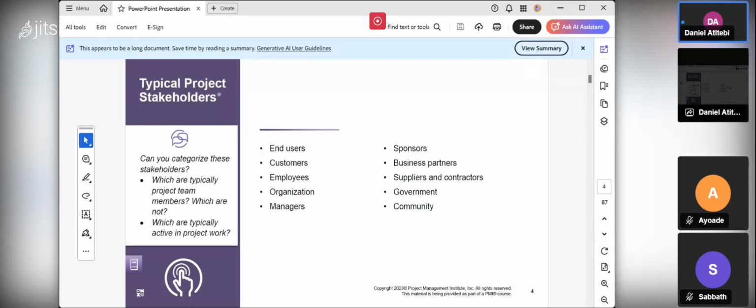They are the people who are interested in the outcome of your project. So that's a simple definition of a stakeholder.